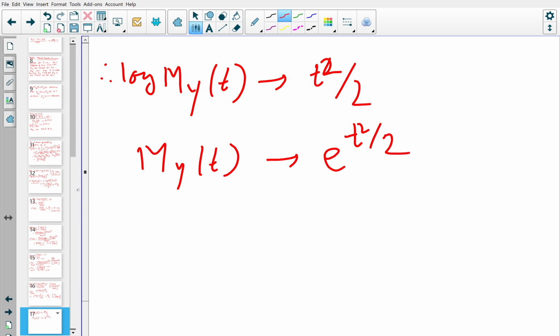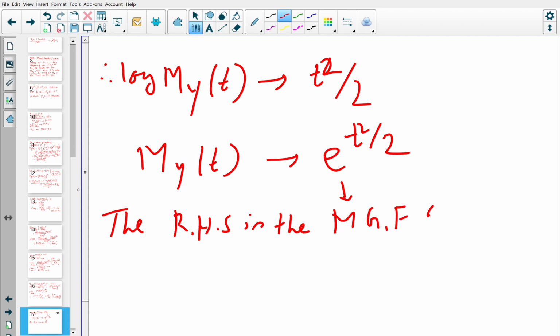Clear? And you can recall that this is a very well-known thing. The right hand side, the RHS, is the moment generating function of the standard normal random variable, right?